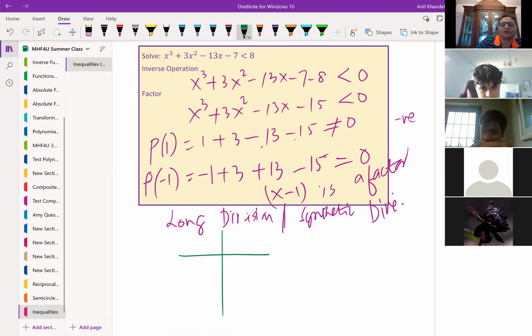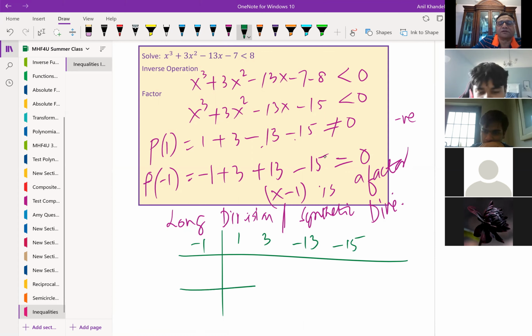Sure. Hamza, help me. Write down the coefficients. We are dividing by minus 1 since we found that minus 1 gives us the first root, correct? Synthetic division is very simple, right? So 1, 3, negative 13, and then negative 15. Now tell me what to do next.